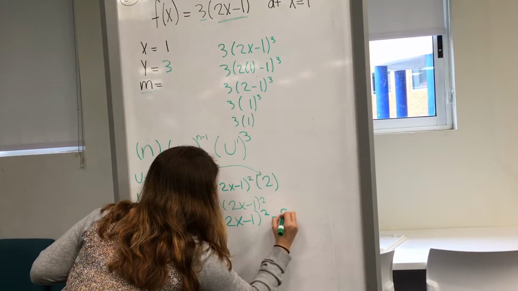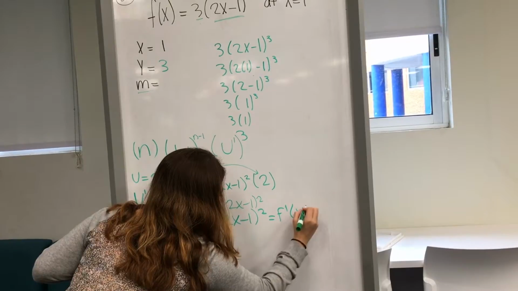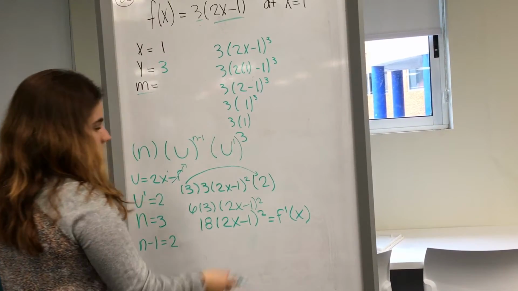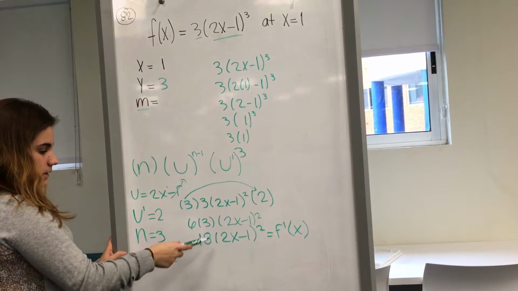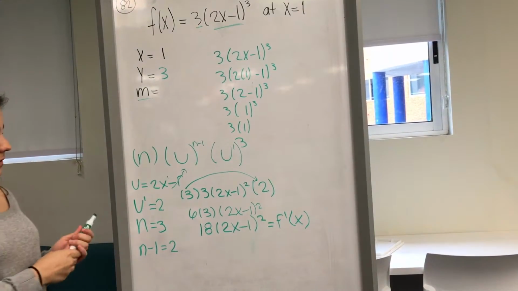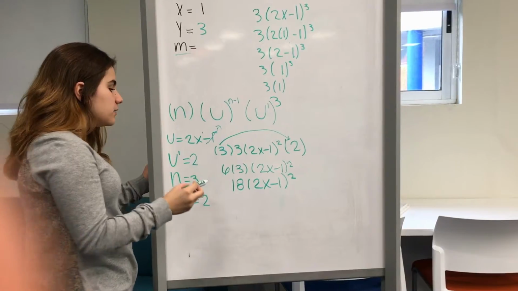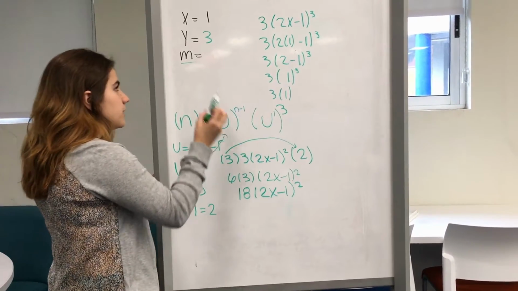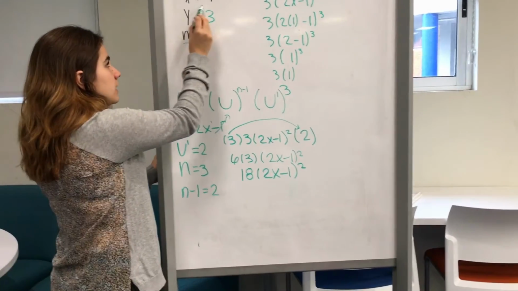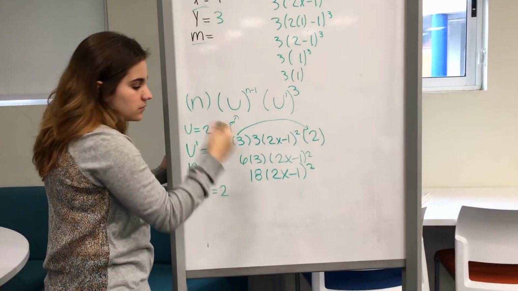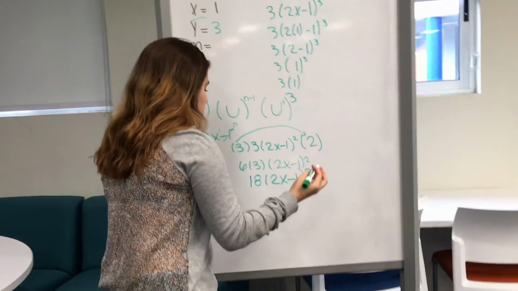equals f prime of 1. So it's f prime equals 18 times 2x minus 1 squared. Now that you have this, to find m, you need to substitute the x into the x in this formula.